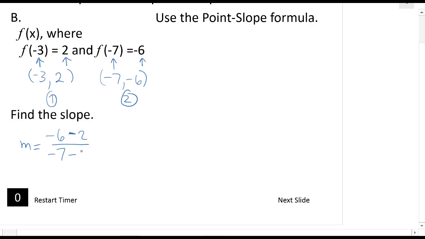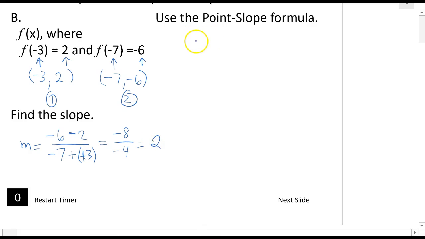If it's negative, you want to put parentheses around it because it's minus another negative value. Okay, because those negatives will become positive. Now negative 6 minus 2 is negative 8. And this will be plus, so negative 7 plus 3 would be negative 4. And that negative 8 divided by negative 4 is 2.